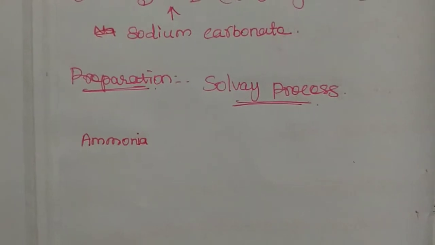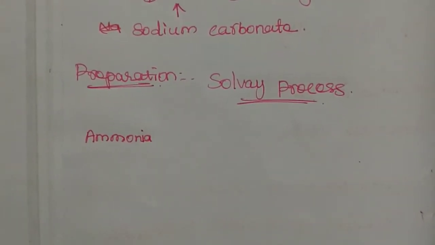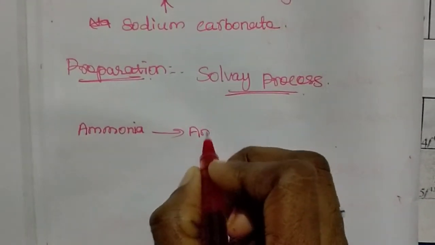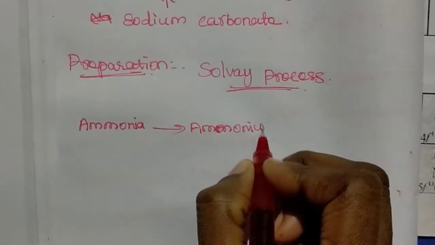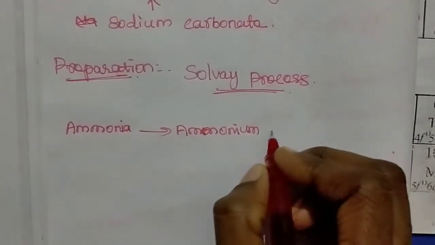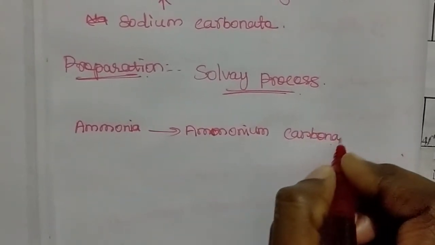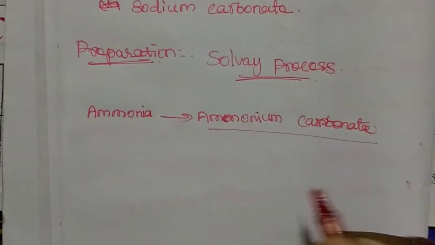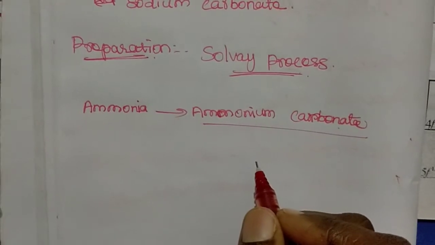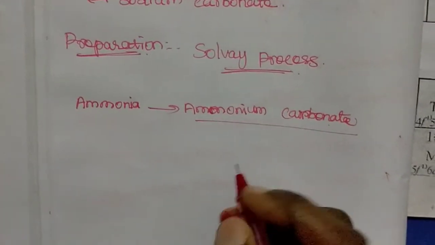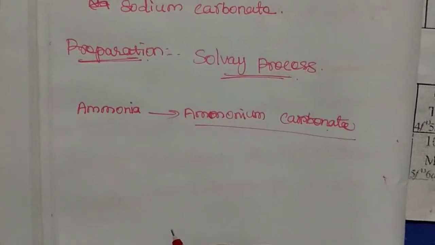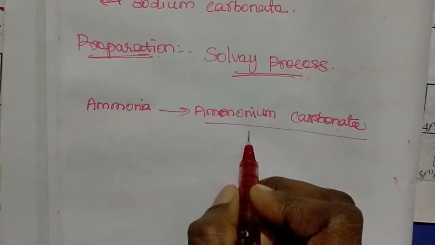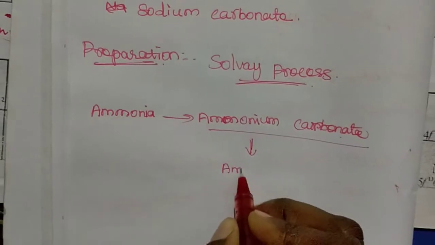Then the resultant ammonium carbonate is converted into ammonium bicarbonate by again passing an excess amount of carbon dioxide.